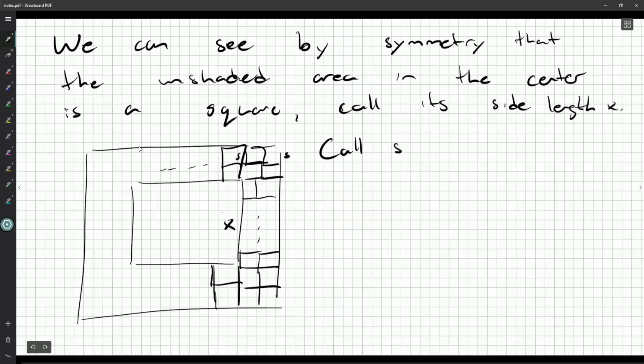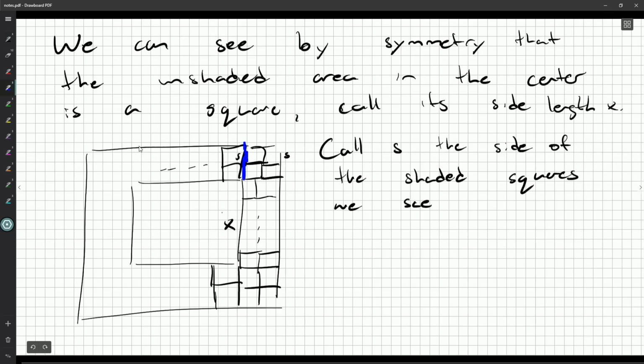Call S the side of the shaded squares. We see, and I'll use a little blue line to highlight, so I've got two S's, X, and then two S's. So 4 S's in total plus X should be the total side length of 60 centimeters.